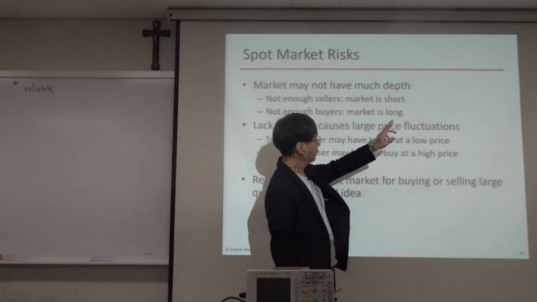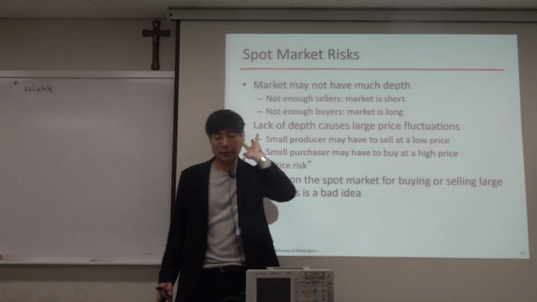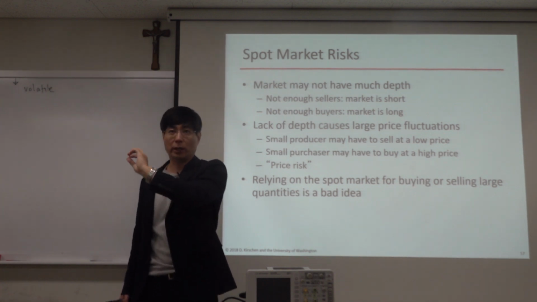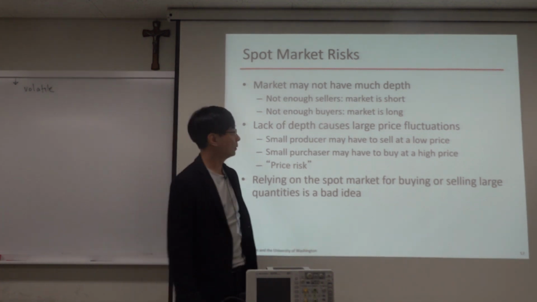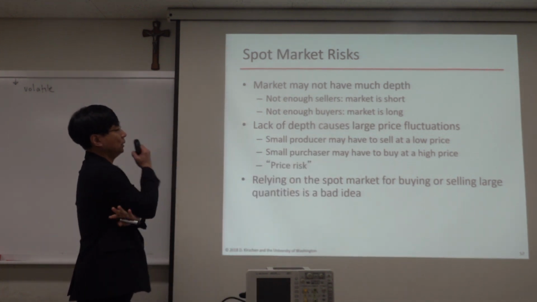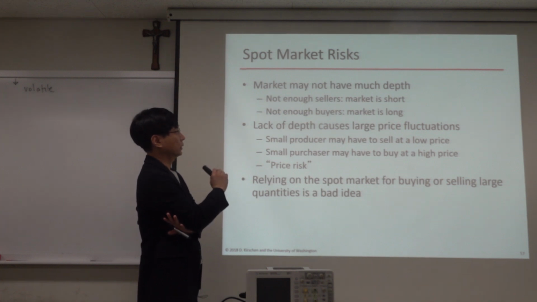Please don't confuse this short and long with the short position or long position in futures and options. This is not related to that. So lack of depth causes large price fluctuations.